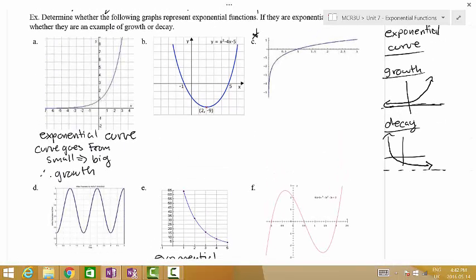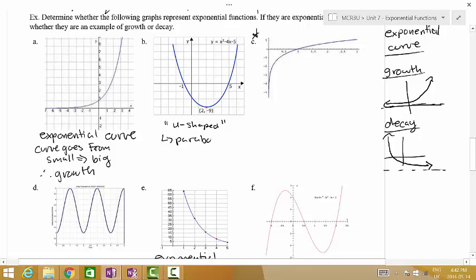Now we want to look at the other ones and explain why aren't they exponentials and what they are. This one here, B, is a U-shaped graph, which we call a parabola or quadratic. C is not something we're going to be looking at in this course, but it actually looks like it's kind of a flipped exponential.